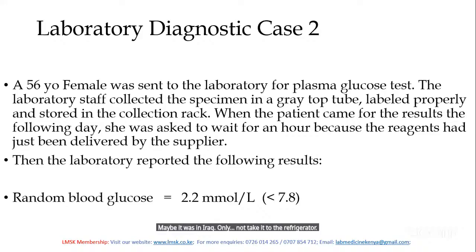But even if it was taken to the refrigerator, still staying for 24 hours, as we saw in our presentation, glucose reduces at the rate of 10% per hour. So this was not recommended, and that could be one of the reasons why we ended up getting low levels, even below the fasting blood glucose.